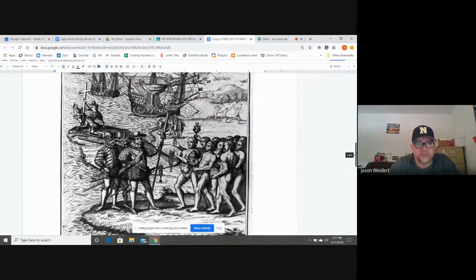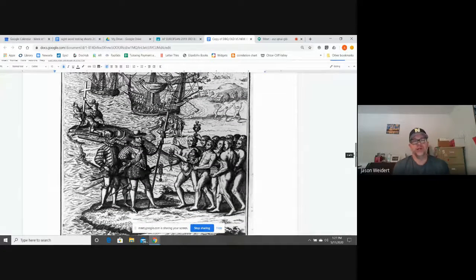So just looking at the painting, I would say this painting was obviously done by a European, and the portrayal of the Native Americans is certainly biased, not only because it was drawn by a European, but also because it makes these Native Americans look like they're super happy to see these Europeans, offering them gifts, and everything seems to be very cordial and cheery, which certainly isn't the situation of what happened in the New World.